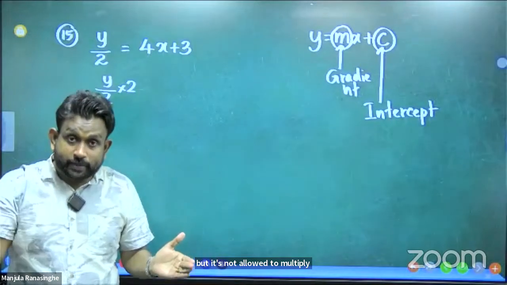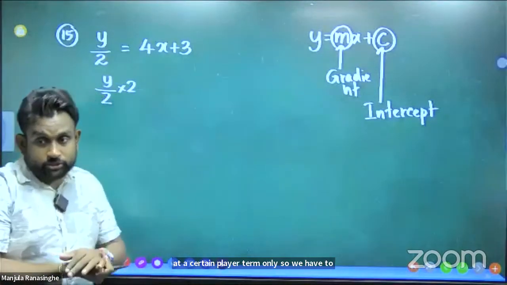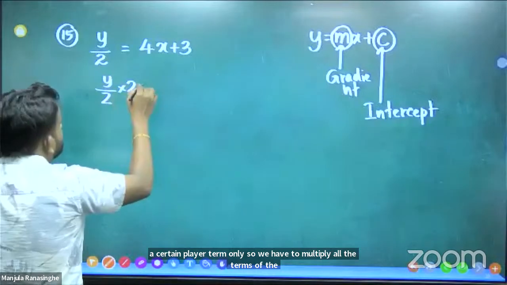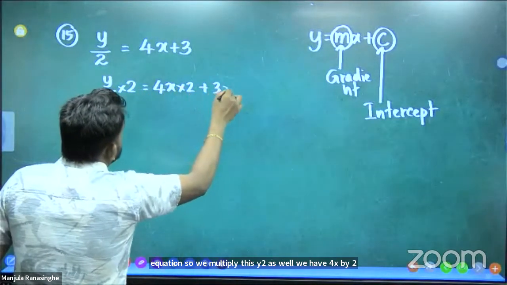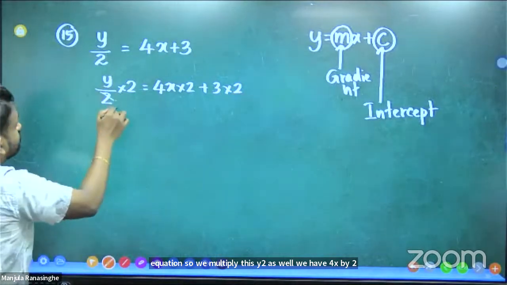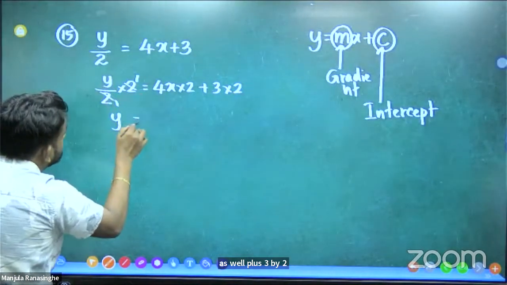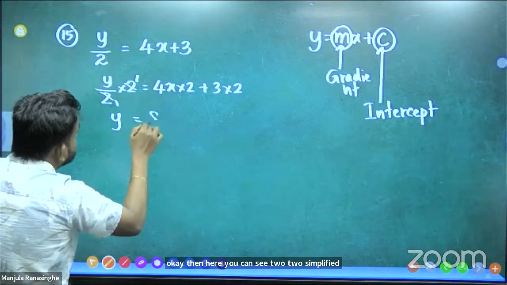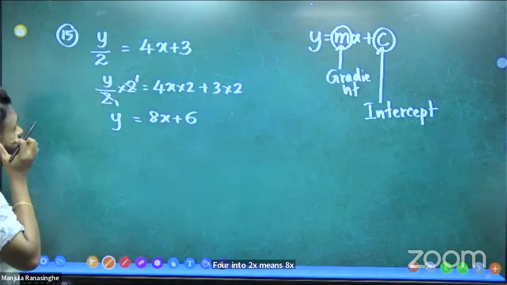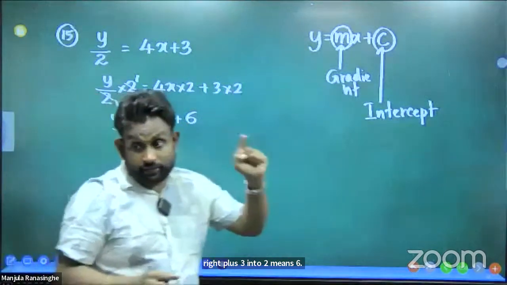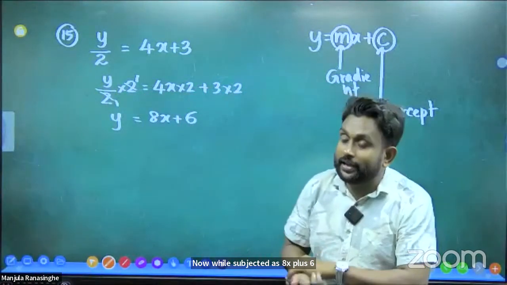We have to multiply all the terms of the equation. So we multiply y by 2, 4x by 2 as well, and 3 by 2. Then the 2 simplifies, and y equal 4 into 2x means 8x, plus 3 into 2 means 6. Now y is the subject: y equal 8x plus 6.